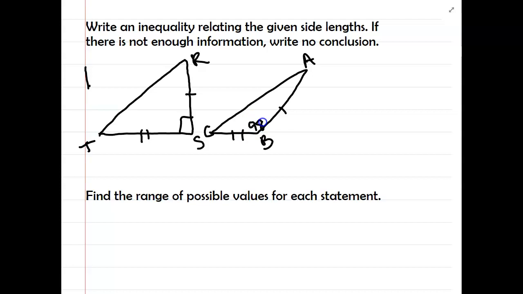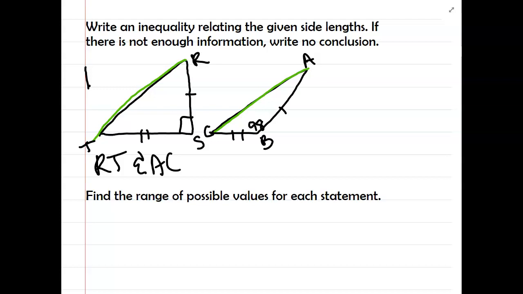And finally, we want to write an inequality to relate RT and AC. So this is what your homework problems are going to look like. You're going to have the picture, and then it's going to say, look at these two side lengths, RT and AC, and state an inequality saying what you know about RT and AC.